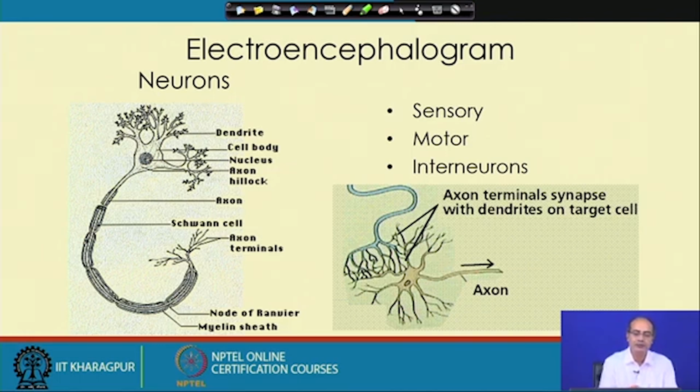Here we see on the left hand side the picture of a neuron. Here is the cell body, and at the top of it, just like the branches of a tree, we get some offshoots, which are called dendrites.